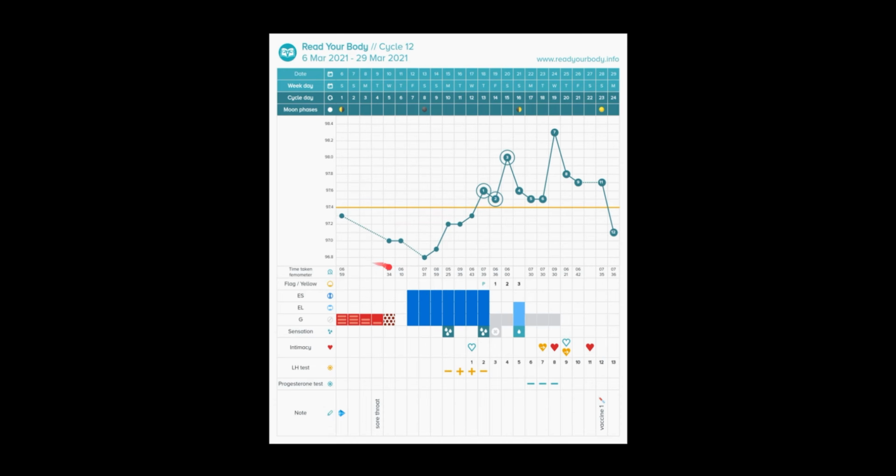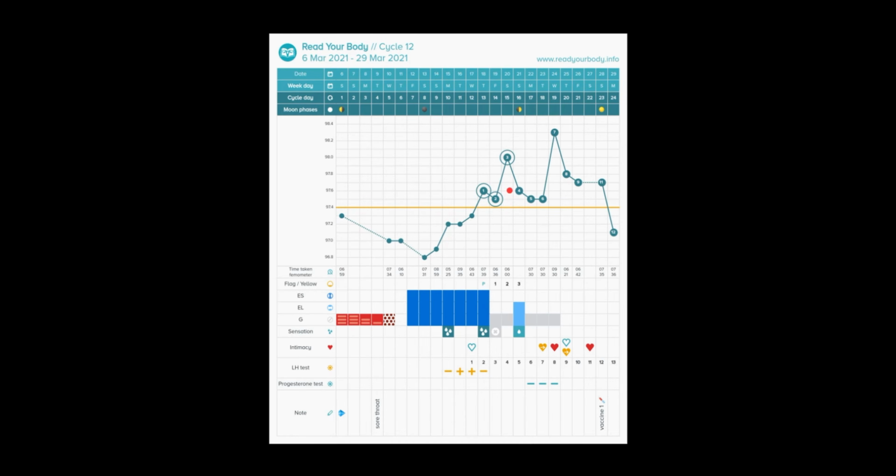You can plainly see that before ovulation the temperatures trend lower, and after it we see a sustained upward shift in temperature that lasts for at least several days.